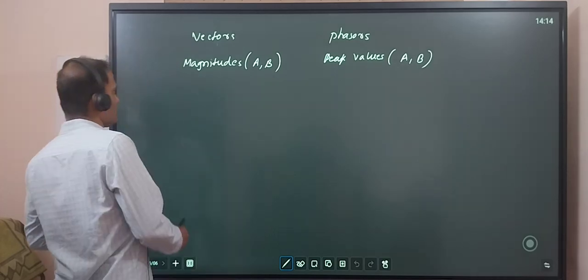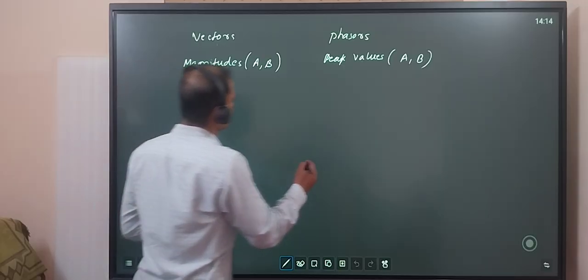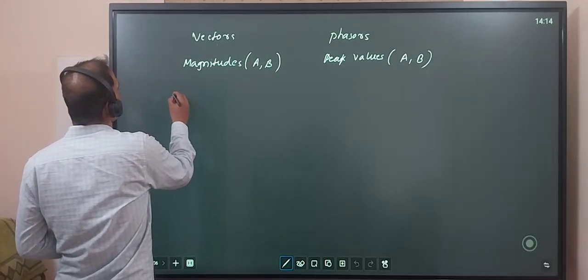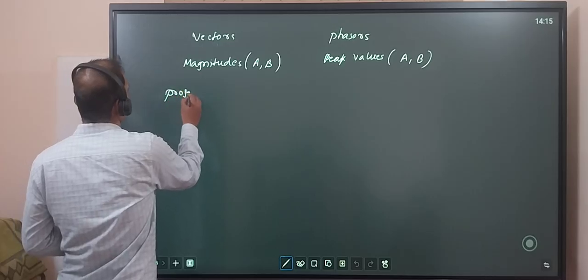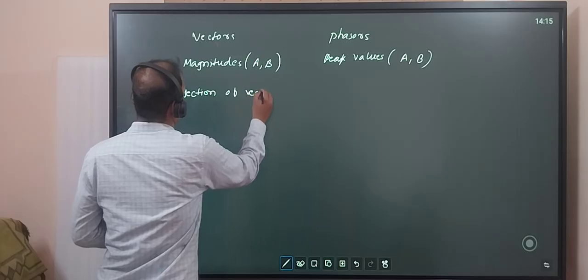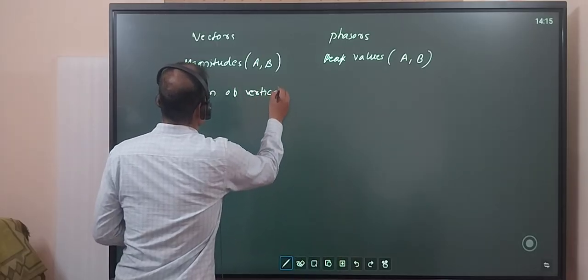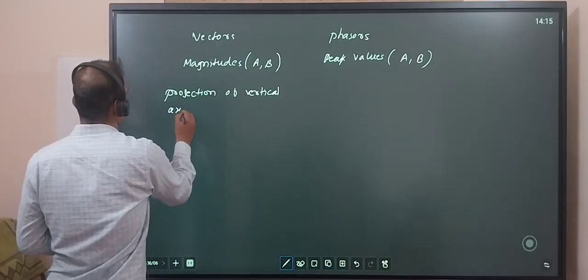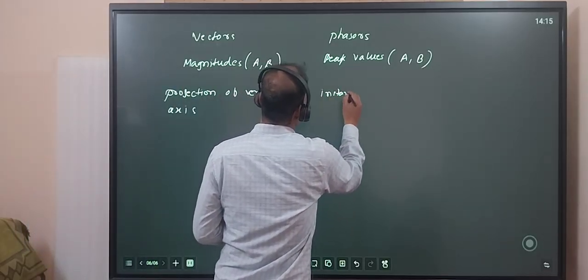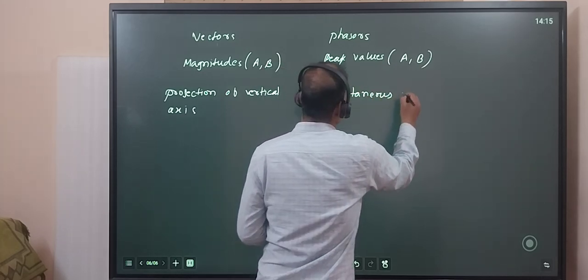And here the projection on the vertical axis is the instantaneous value.